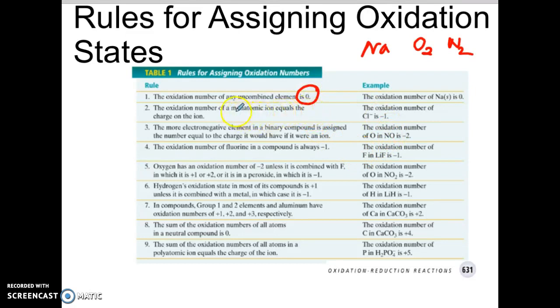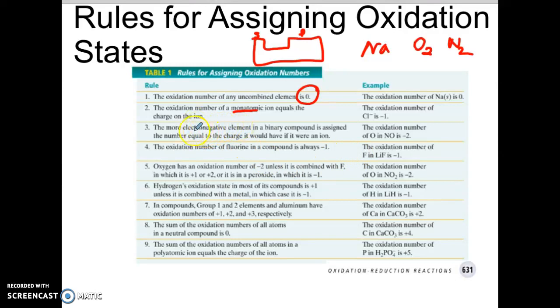The oxidation number of a monoatomic ion equals its charge. The elements in the s and p block, the main group elements, are usually pretty easy to determine.